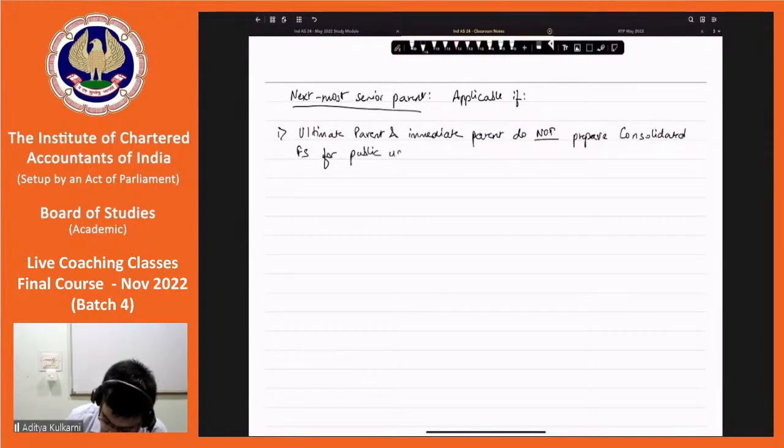They prepare it for compliance, but they do not prepare it for public use.